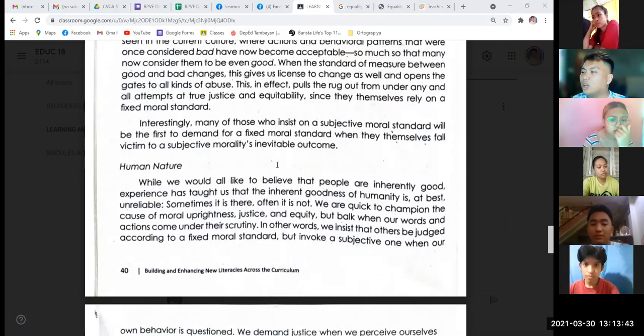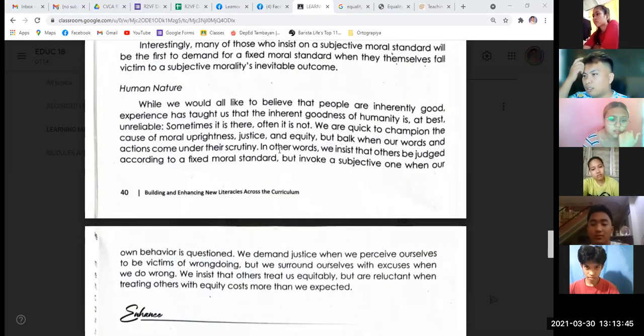In other words, sabi ko nga earlier, sometimes it is there, often it is not. We are quick to champion the cause of moral uprightness, justice, and equity. But back when our words and actions come under scrutiny, I should say. In other words, we insist that others be judged according to a fixed moral standard, but invoke a subjective one when our own behavior is questioned.